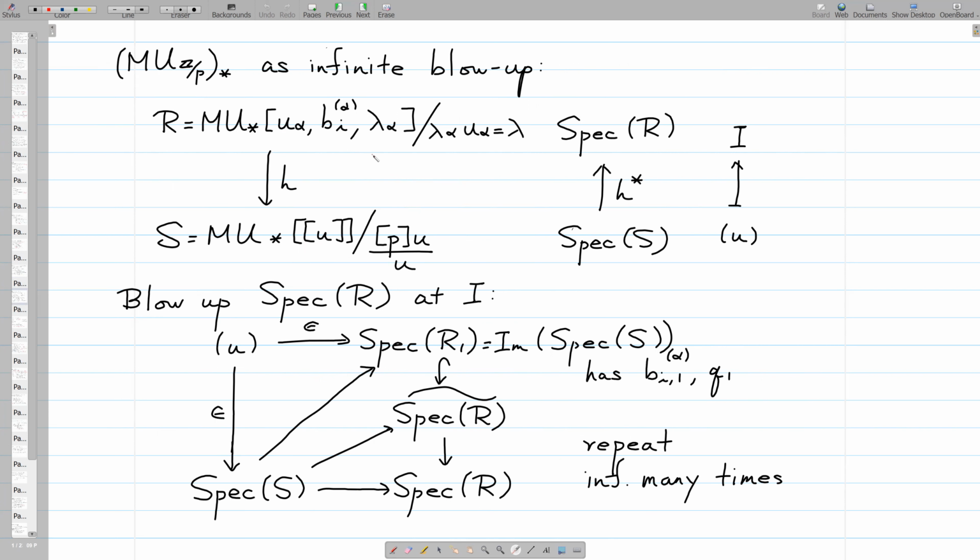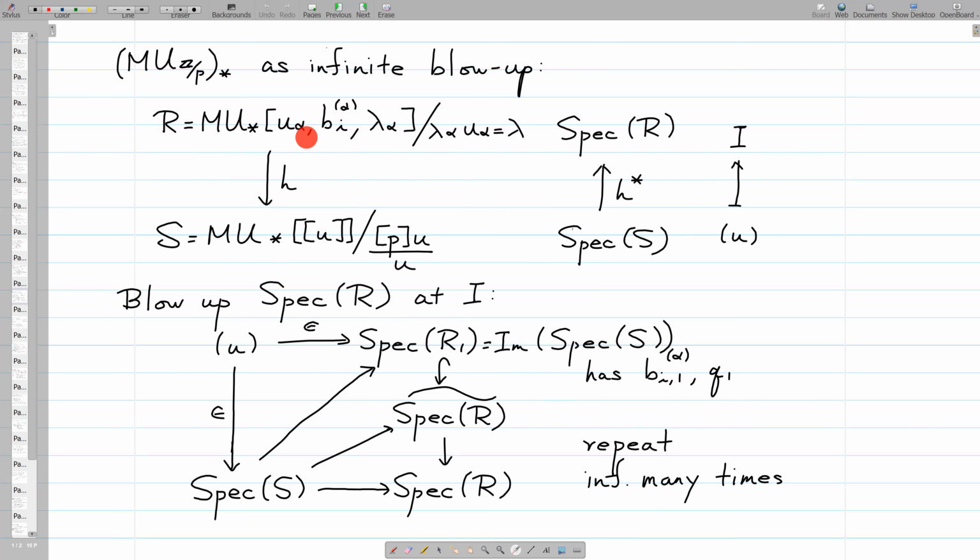It's obviously a deeply non-Noetherian ring. So the way you can think about it is that let me give you 2 other rings. One of them still looks like the Borel cohomology, MU star adjoined U, but you divide out by P of U, the P series over U. And then over here, you take U alpha, B I alphas.